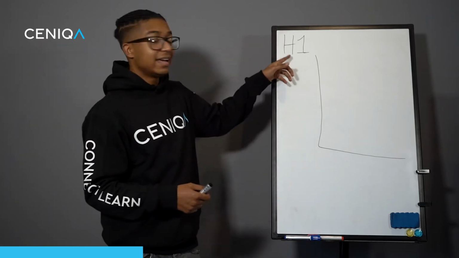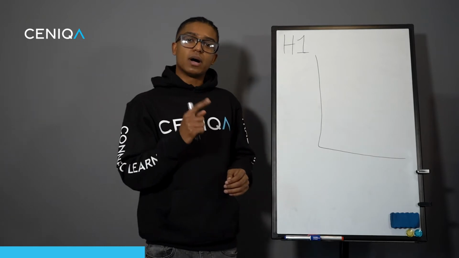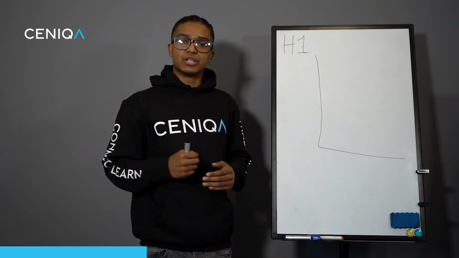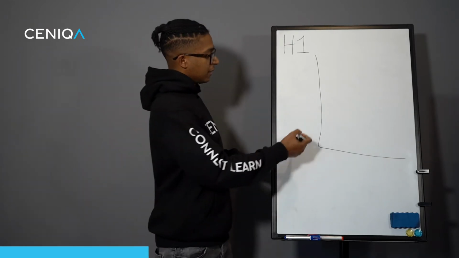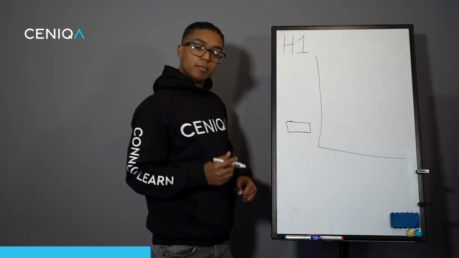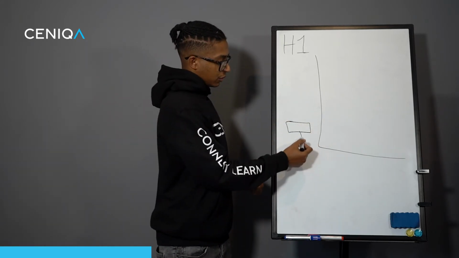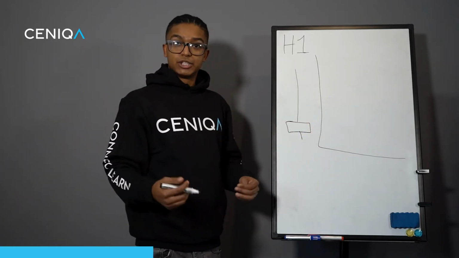So we're going to look at a H1, which means that candle represents 1 hour worth of price move, price action. Now let's make this an irregular shape. For example, let's give it a very thin body, a short lower shadow, and a very long upper shadow.